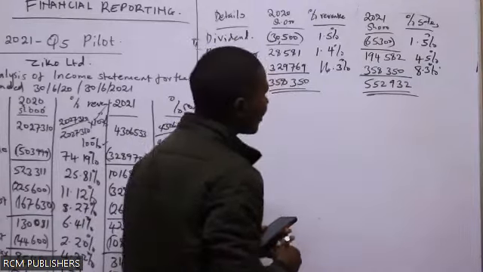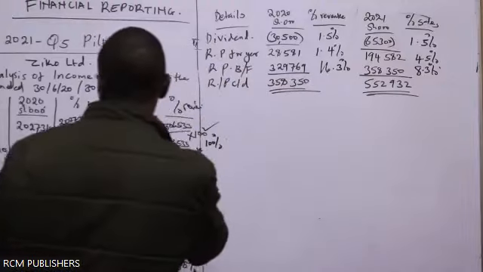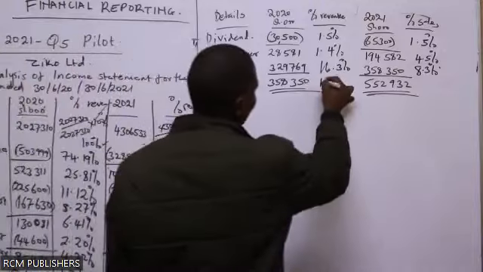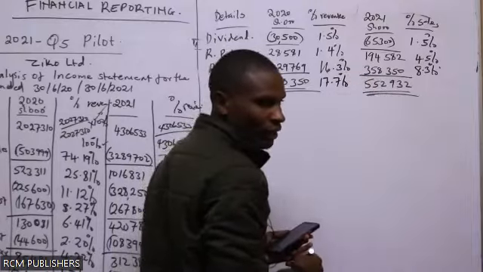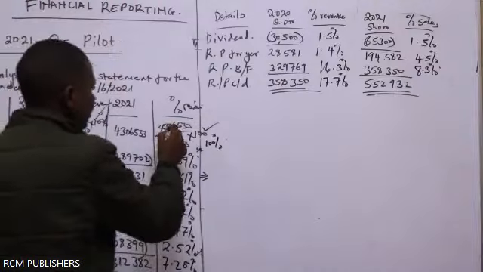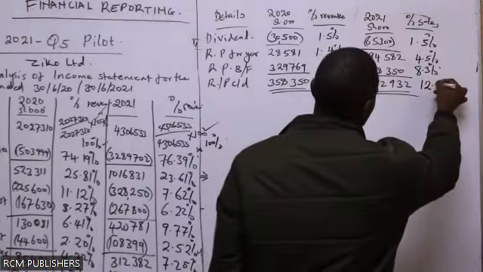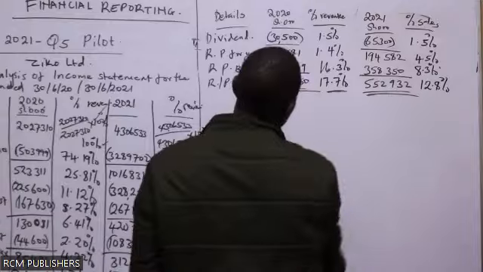Chatumalizie 358,350 divided by our revenue is 27,310. Then 17.7%. And then the last one, 552,932 divided by 430,6533. Kwa ngapi? 12.8%.